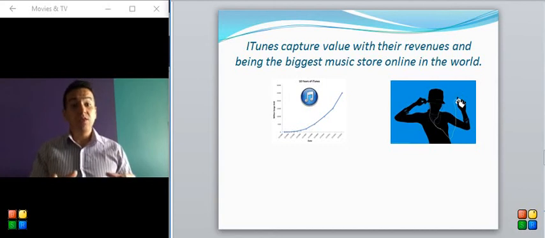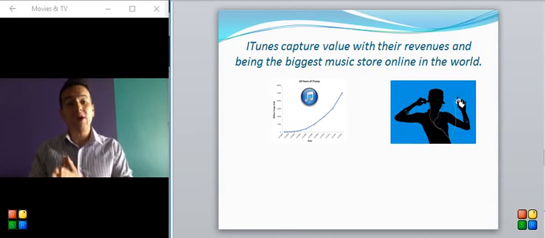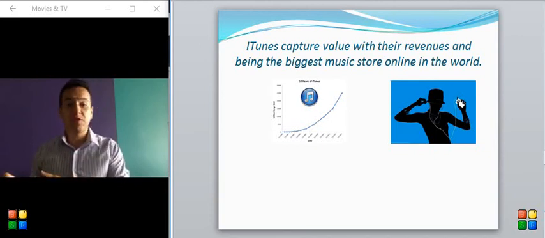So we can use this model to describe the business model for other companies, for example.